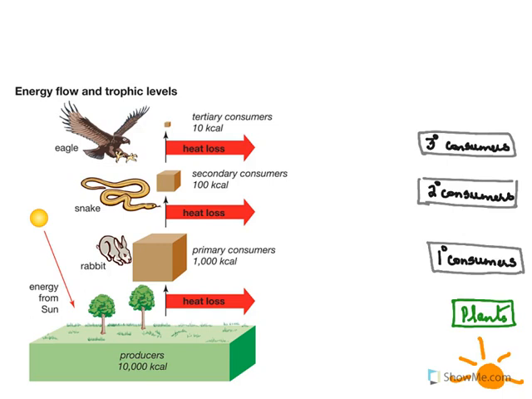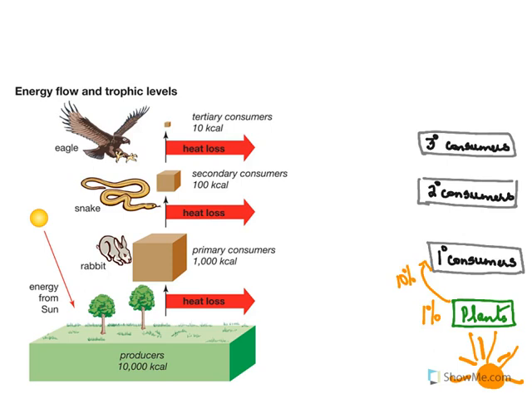Let's go ahead and learn the energy flow in the food chain. We have to begin with the sun. Of all the energy that falls on the plants, only 1% of the energy is converted into food by the plants. The primary consumers then consume the plants, and there's a transfer of only 10% of the energy.